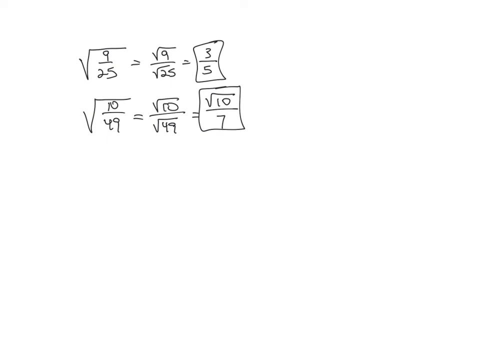A couple of them have a negative sign in front. So the square root of 4 on top and the square root of 81 on the bottom, but negative still in front. So I get negative 2 over 9.